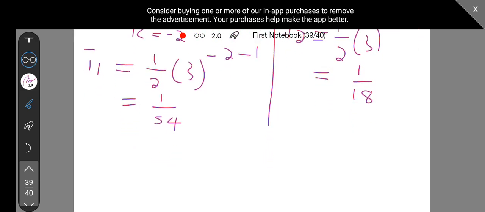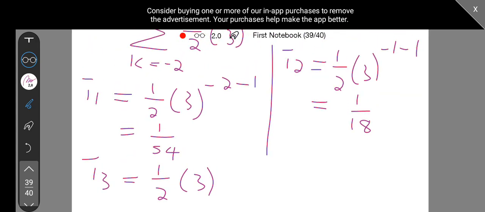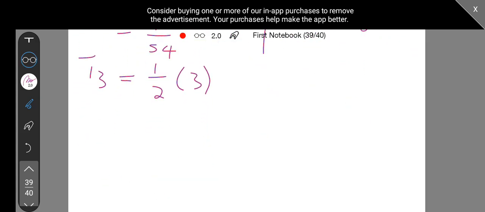For the third term, we do the same. T3 is equal to 1 over 2 multiplied by 3 to the power of, now what's it going to be? If we increase the negative 1 from the second term by 1, it's now going to be 0. I hope you understand this.